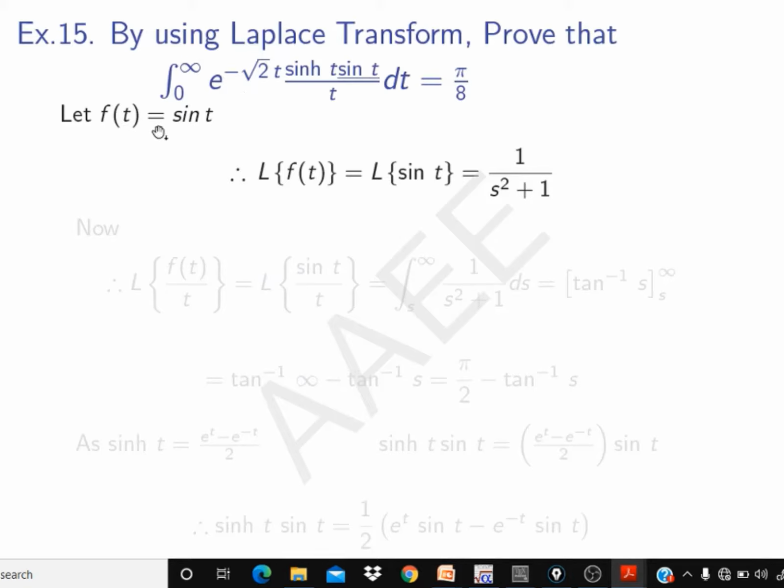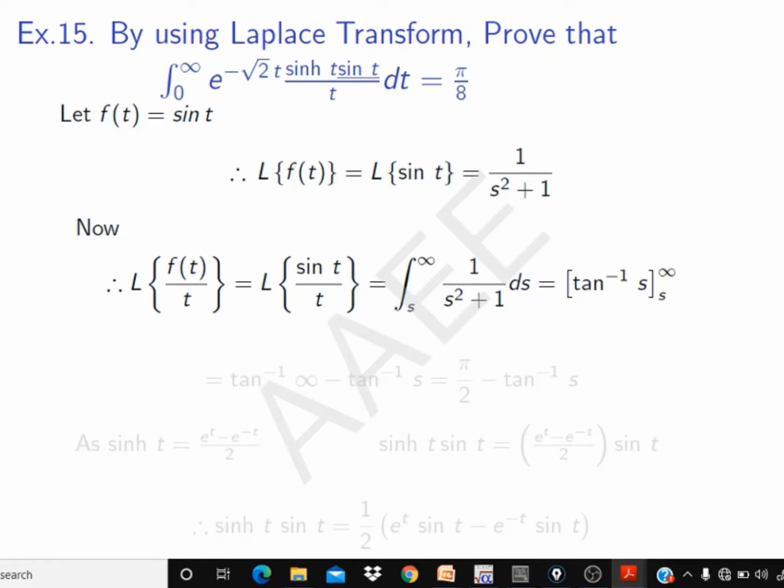So let f of t equal sine of t, and therefore the Laplace transform of f of t is equal to the Laplace transform of sine of t, which is 1 upon s square plus 1. But we want the Laplace transform of sine of t by t.